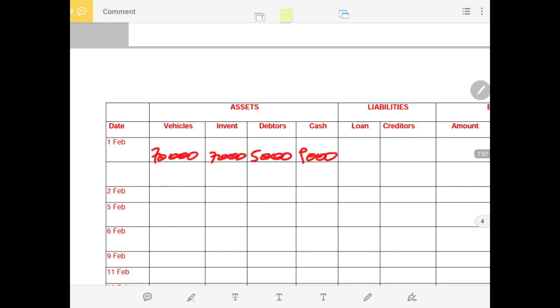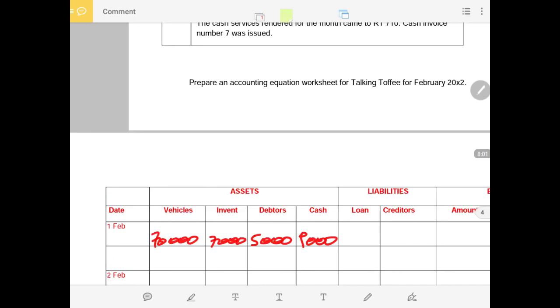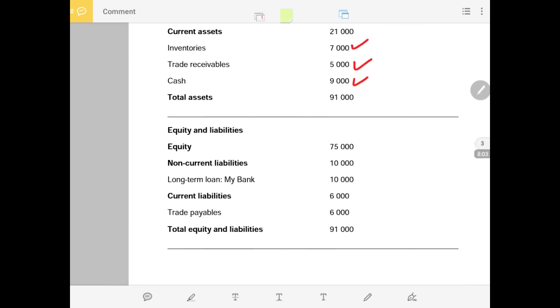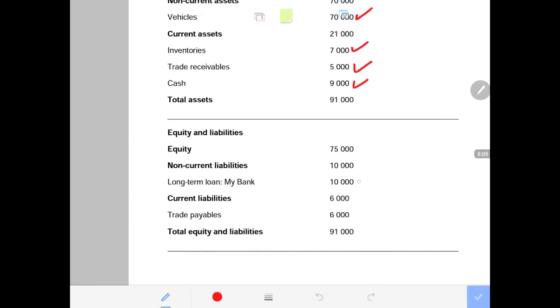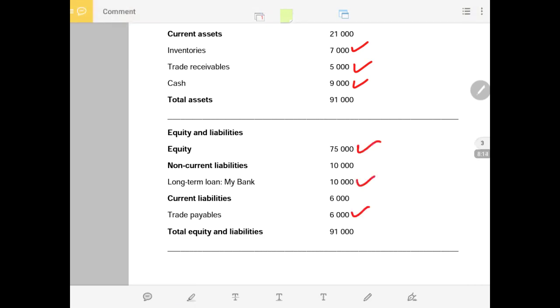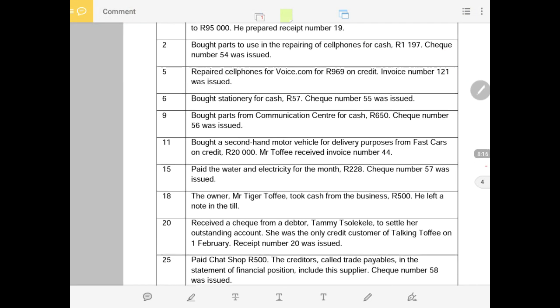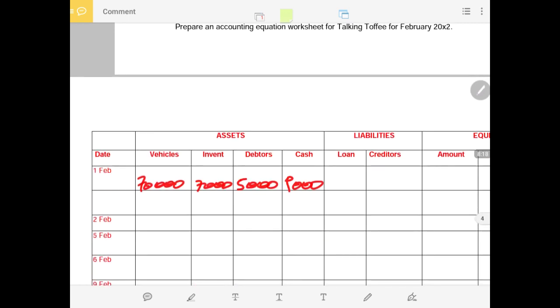Then I go and look for my liabilities, and under my liabilities I have a loan of 10,000, trade payables of 6,000, equity of 75,000. So it's 10, 6, and 75. Then my explanation will be opening balance.